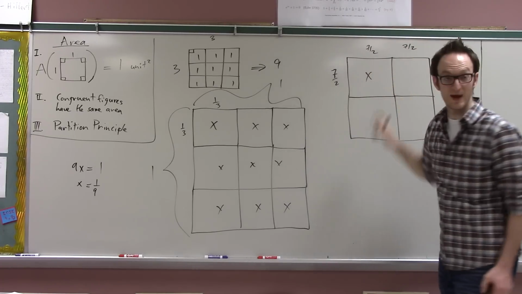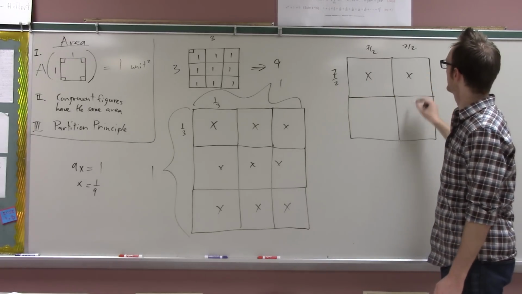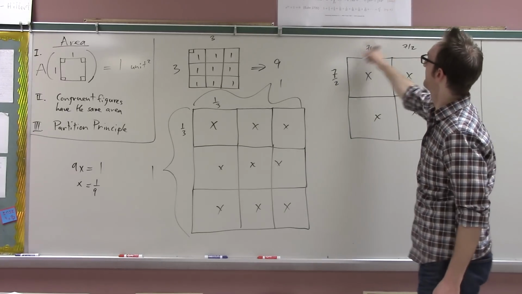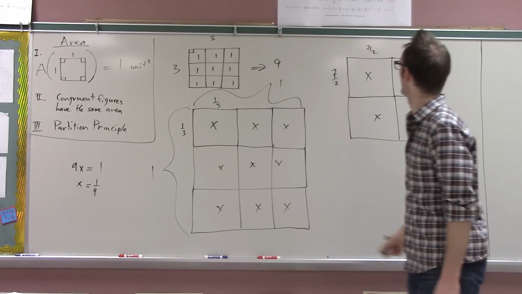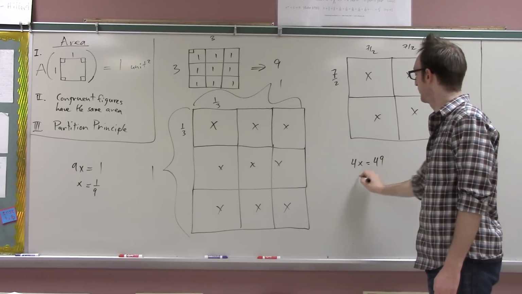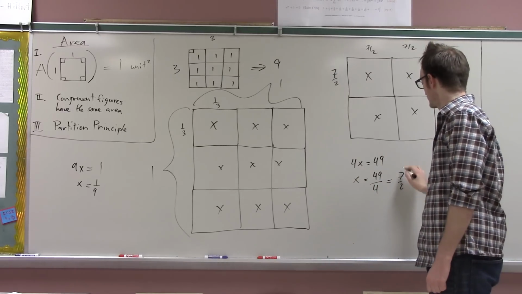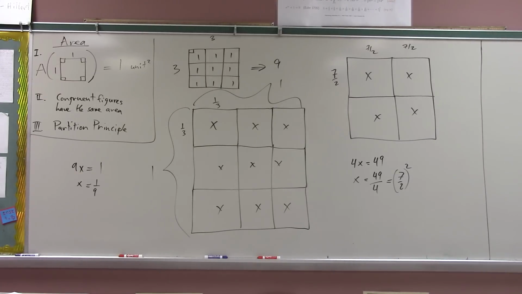And I don't know what the area of the square of side length 7/2 is, but these are all congruent, and so the area of the entire square is 49 by my square theorem. And so 4 of these x's has to be 49, and so x is 49/4, which of course is just 7/2 squared.